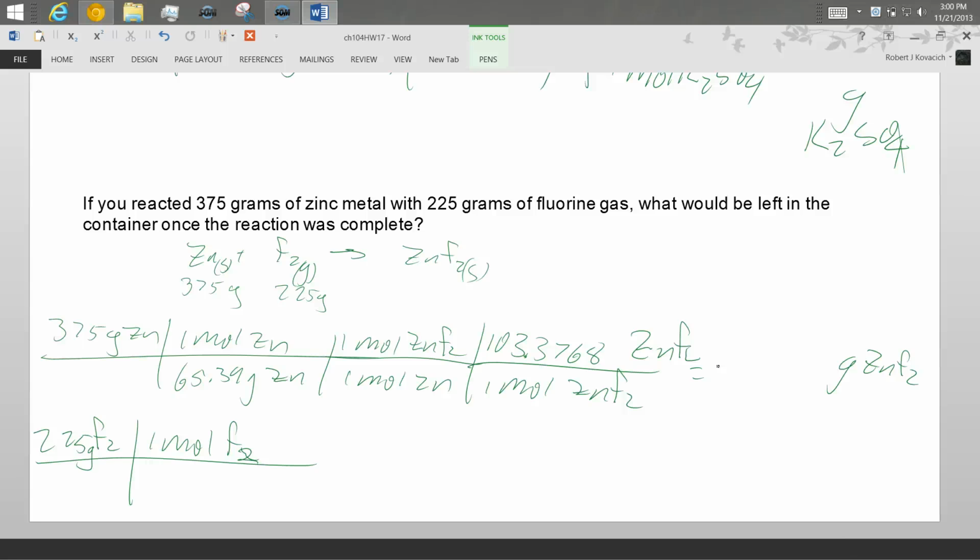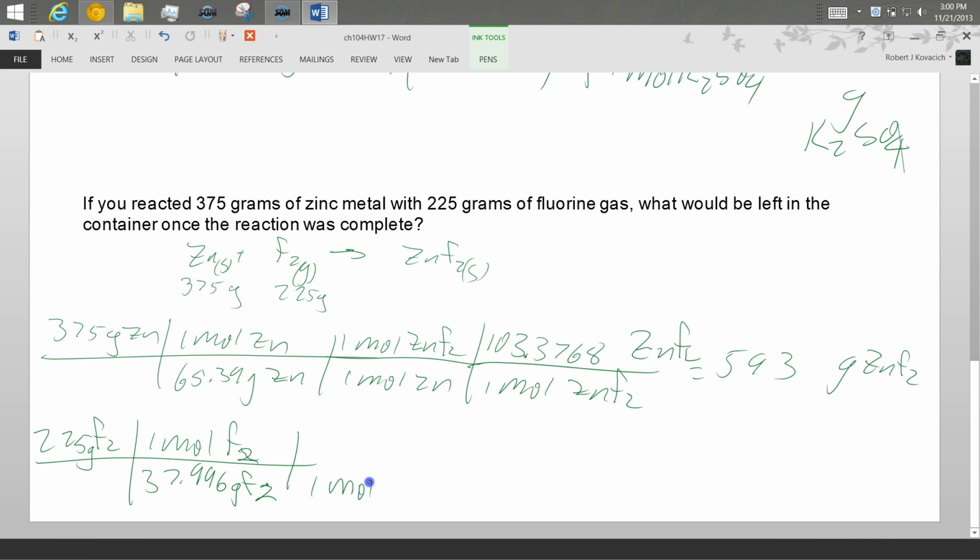So 375 divided by 65.39 times 103.3768. Correct. 593. You good with that? And then, what do we got here? 18.998 times 2 equals, so here I've got 37.996 grams of fluorine.